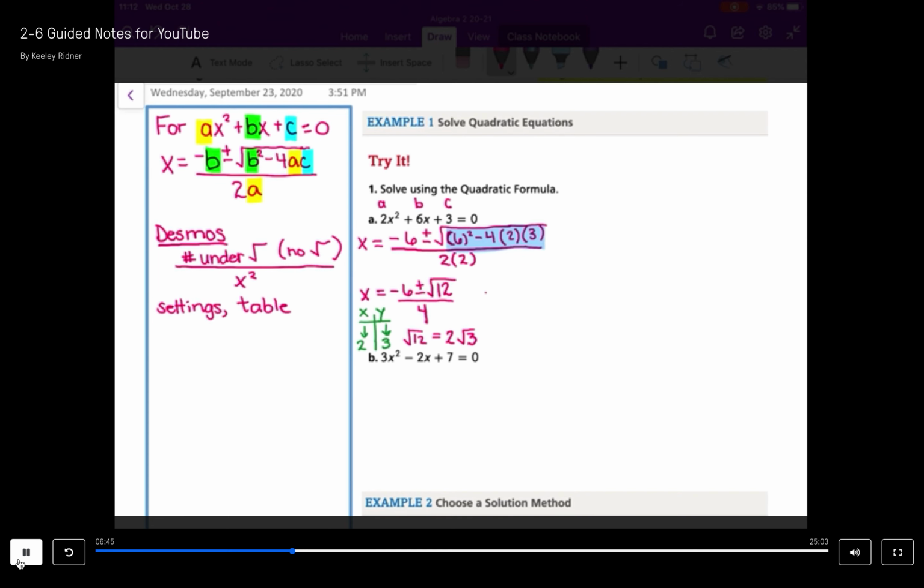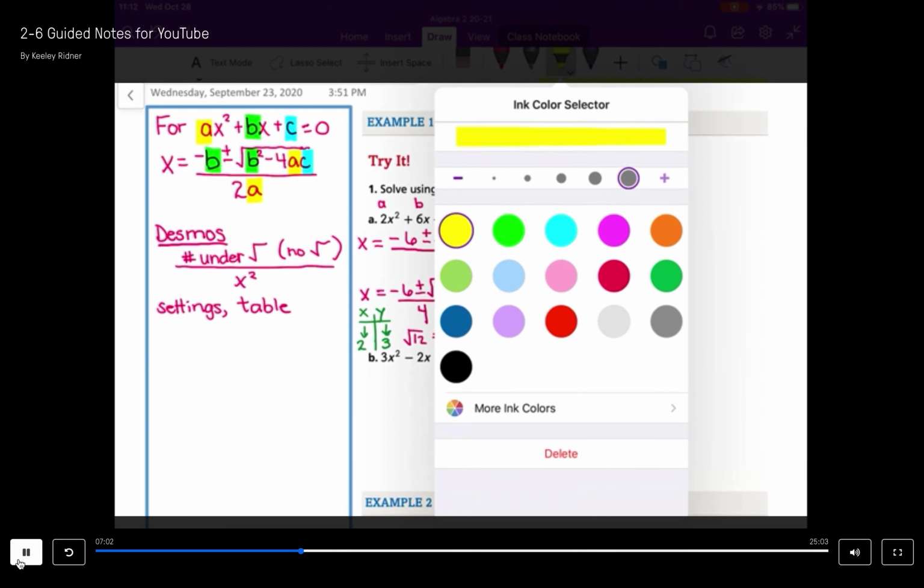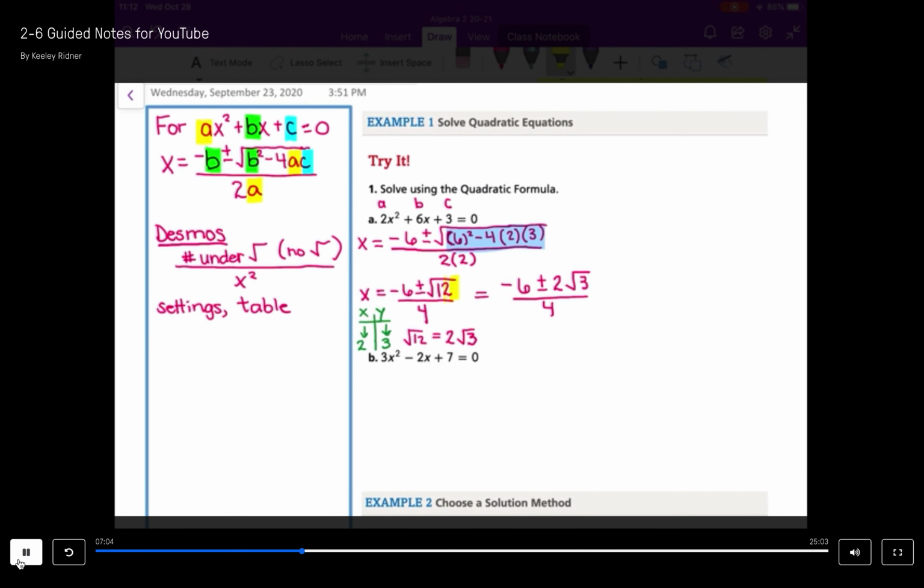Okay, so how does that help me? That means I'm going to rewrite this as -6 plus or minus 2 square root 3 all over 4. So notice what I changed there. I changed the square root of 12 to 2 square root of 3. Why did I do that? Because that means I can simplify even further.